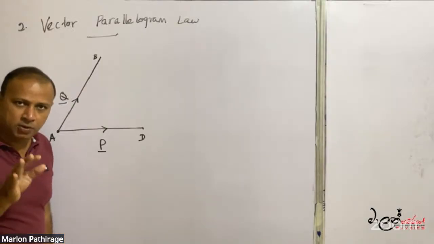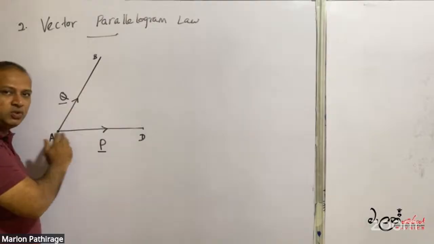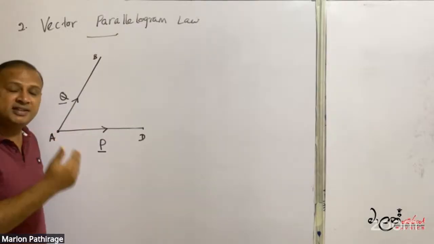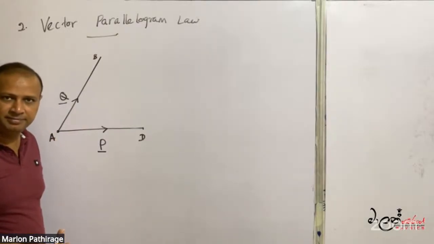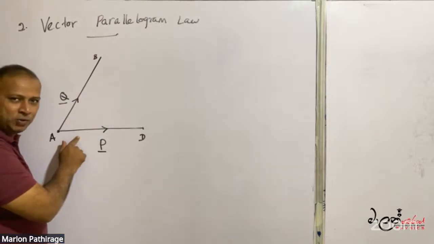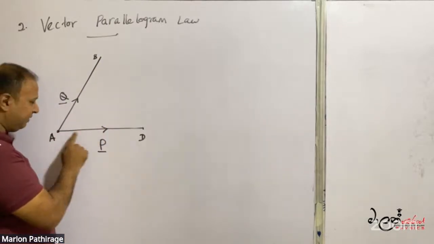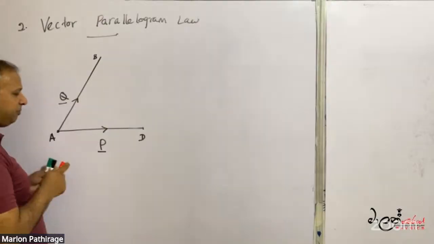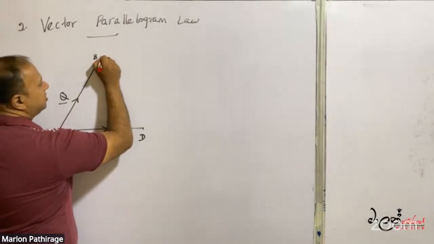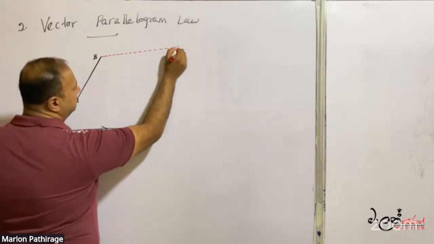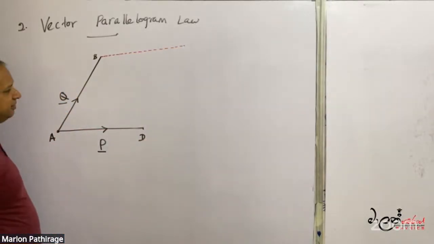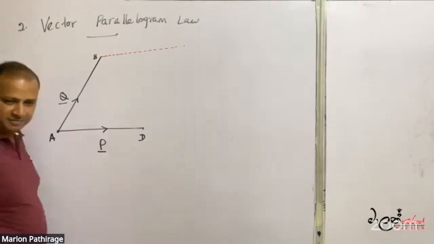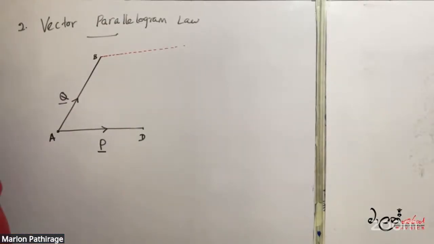So keeping these two straight lines as two adjacent sides, we can construct the parallelogram. So we can draw a parallel line to AD starting from B. Then we can draw a parallel line to AB starting from D. Then we can complete the parallelogram.